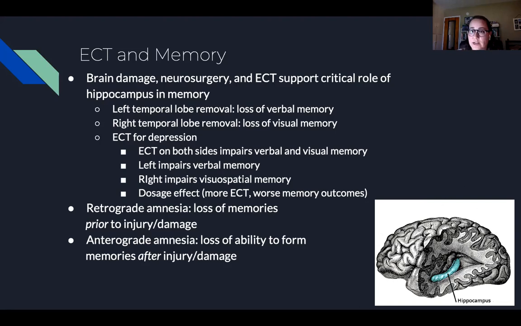Whereas anterograde amnesia means that they're not able to form any new memories after the point of injury or accident. So with retrograde, you've totally forgotten your past, but you can remember your present. With anterograde, you can remember your past, but you can't remember your present.